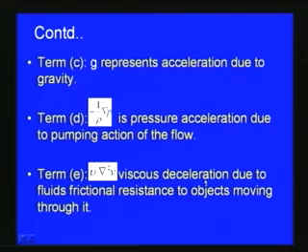And then the next term, the last term, nu del square V. So, that gives term E, or the fifth term, nu del square V, which gives the viscous deceleration due to fluid frictional resistance to objects moving through it. So, here we consider the viscous flow. For viscous flow there is always resistance to the flow.